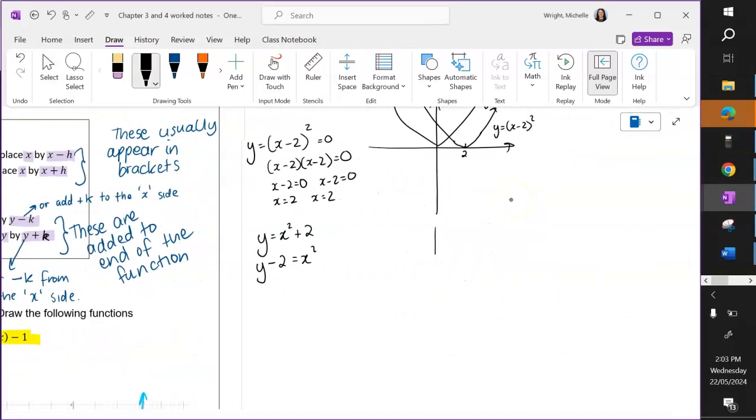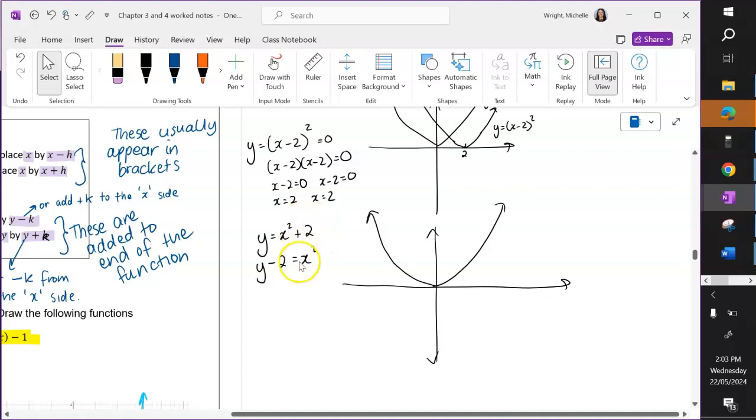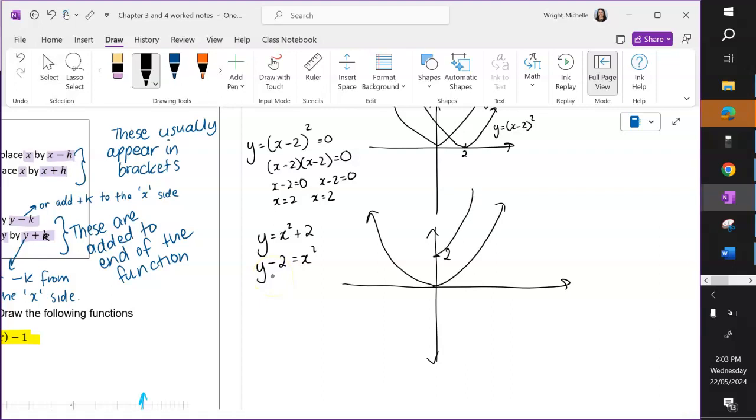What that would look like, however, we all know what our basic x squared graph looks like. That looks like this. If I'm going to add plus 2 to that, or I'm taking minus 2 from our whole function, that graph is now shifting up 2 units, up to here, like this. If it was x squared minus 2, it's going to shift our graph down to minus 2.